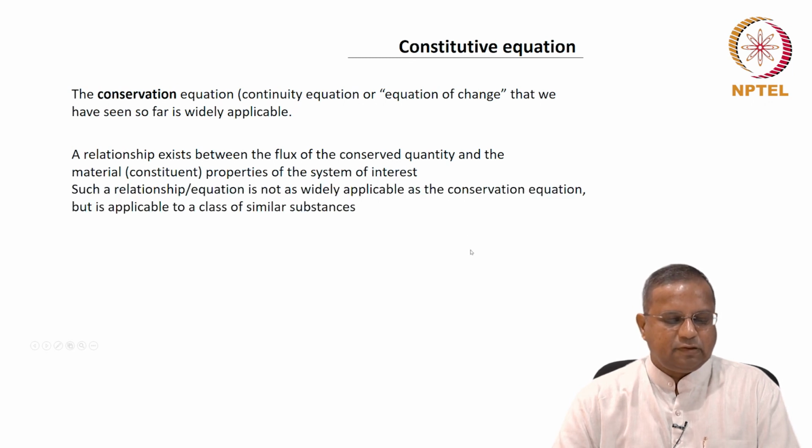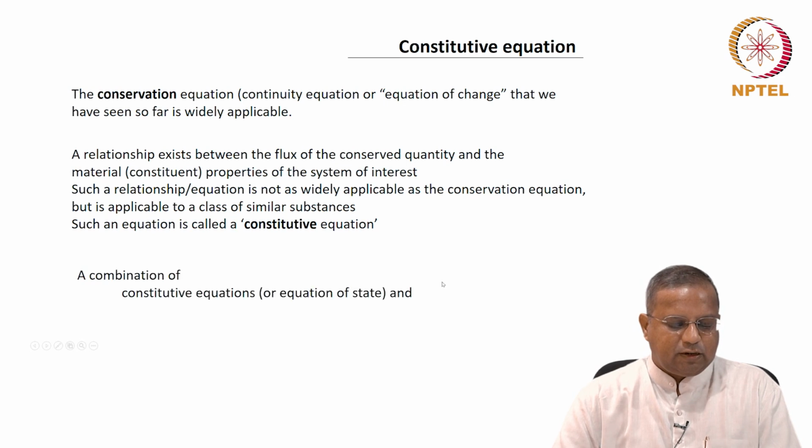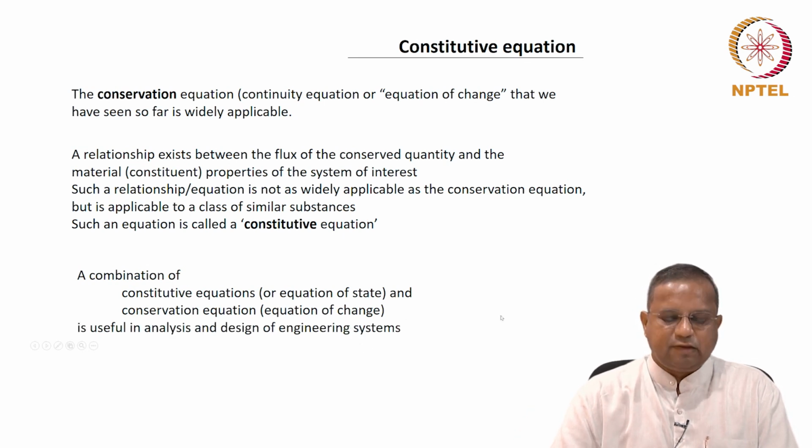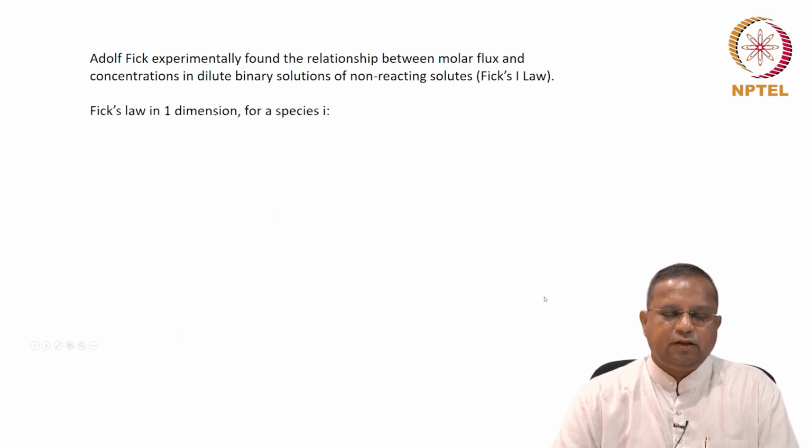Such a relationship is the constitutive equation, and a combination of the constitutive equations or equations of state, as they are called, as well as the conservation equations, are very helpful in the analysis and design of engineering systems.